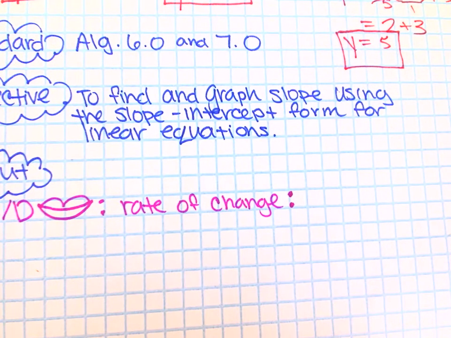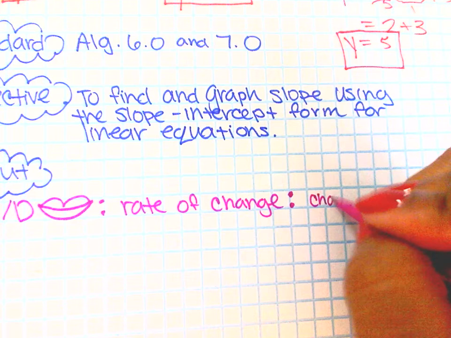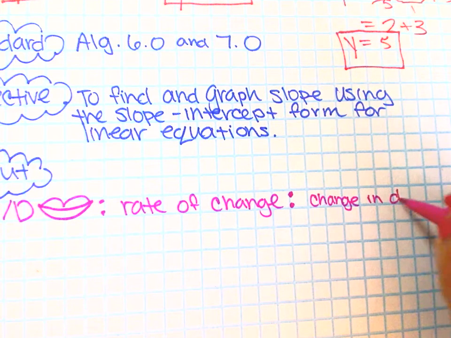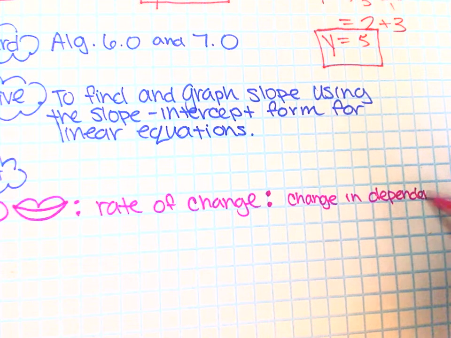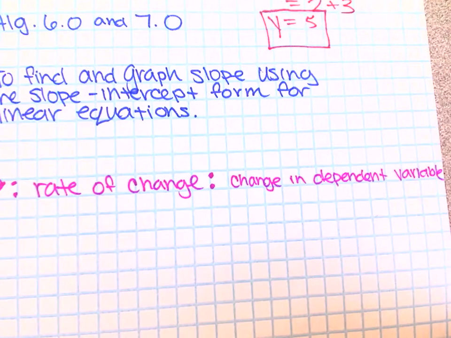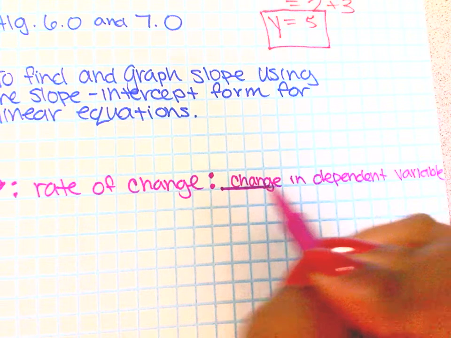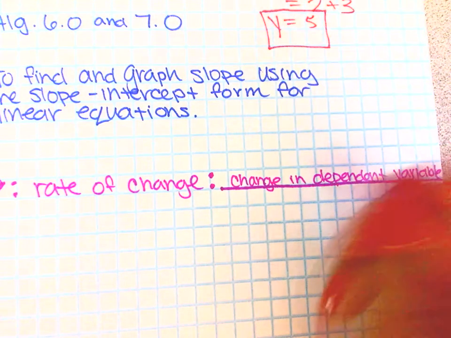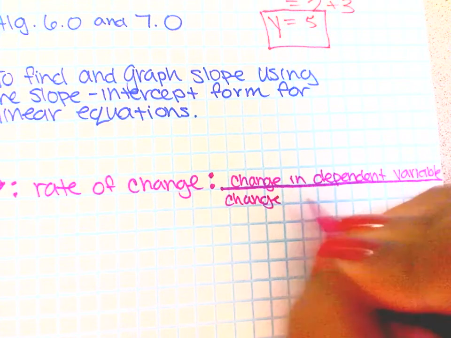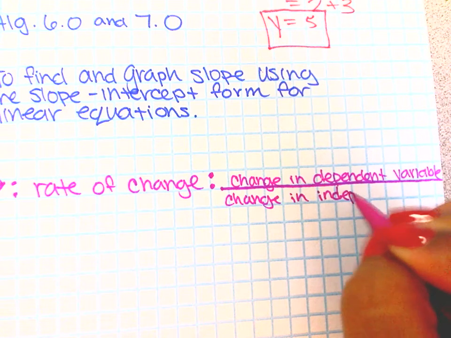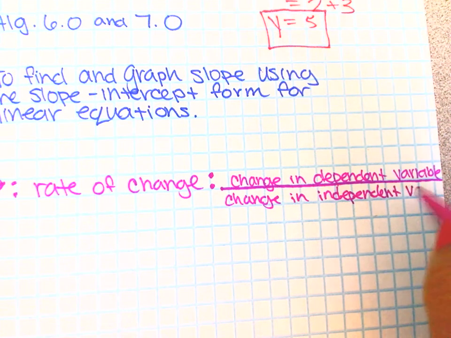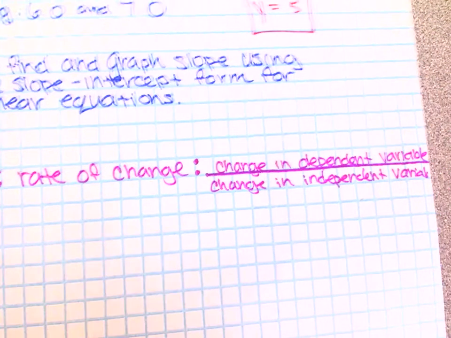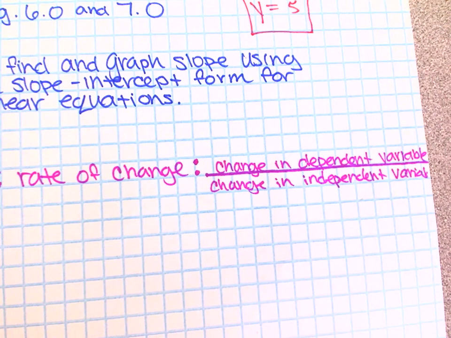That basically means the change in the dependent variable divided by or over the change in the independent variable. So the rate of change is the change in the dependent over the change in the independent.